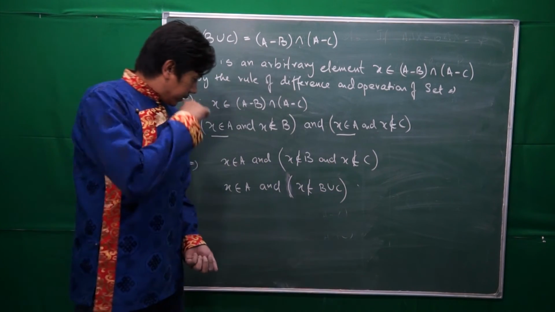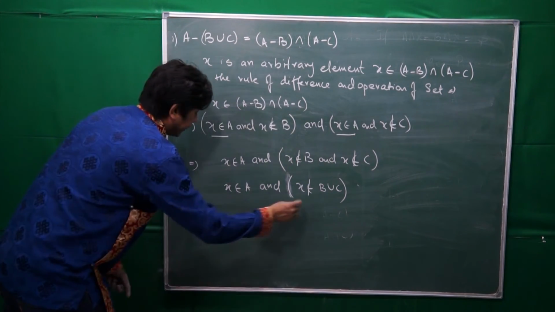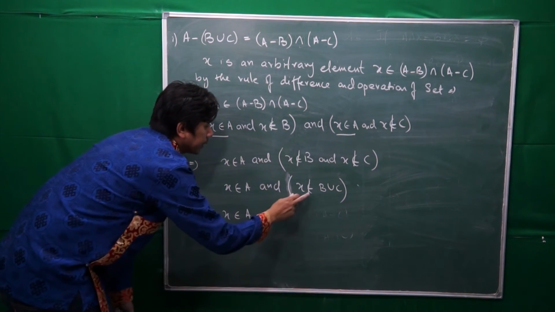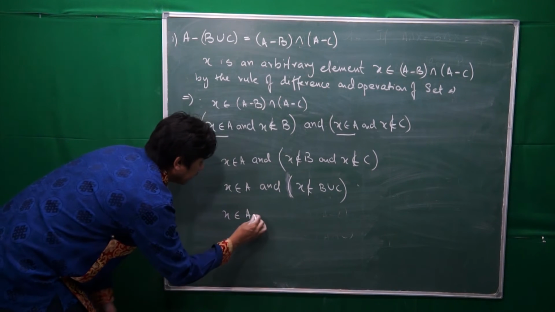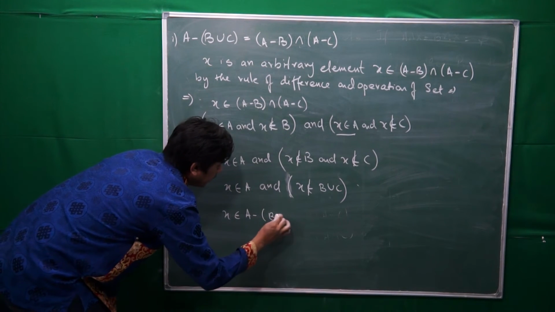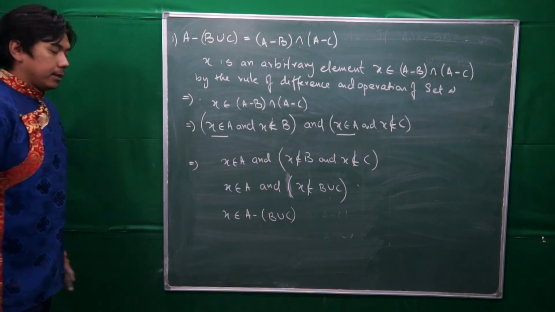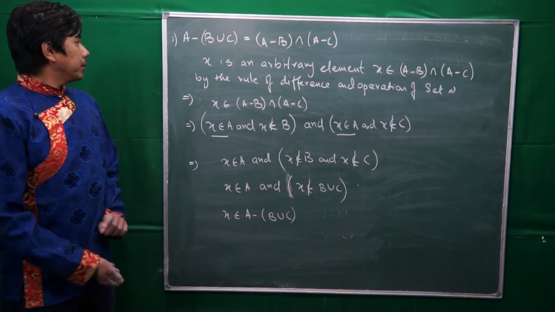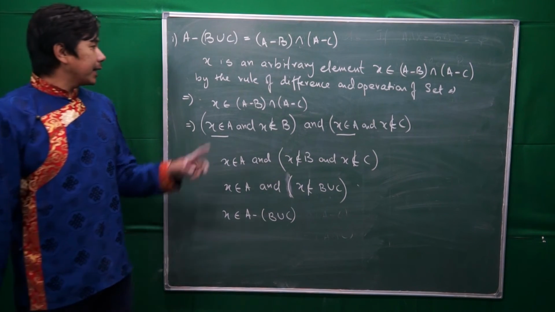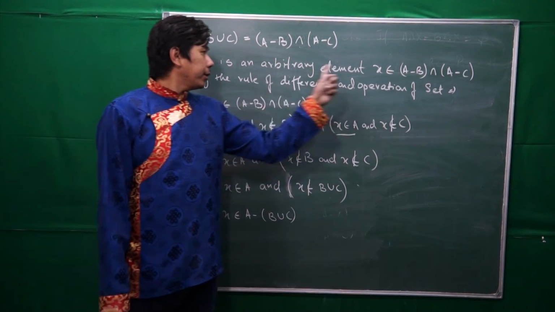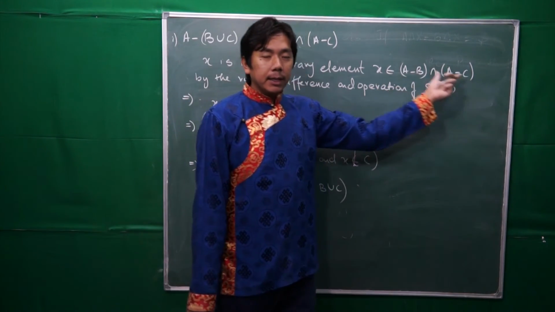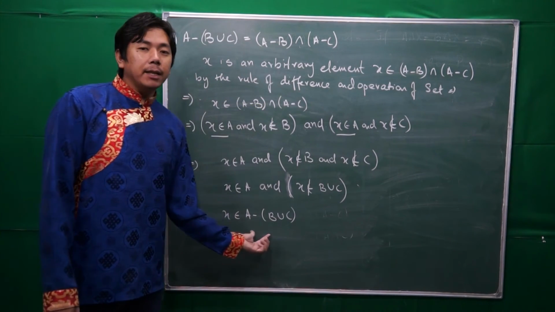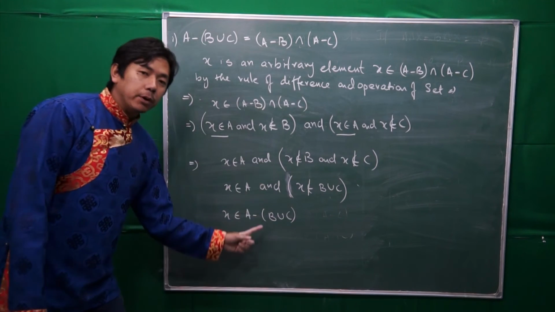So that being said, we can write X belongs to A but it does not belong to B union C, that is, A minus B union C. Clear? So from this line we can see clearly that X is an arbitrary element of this set, but this element is also an element of A minus B union C through this process.